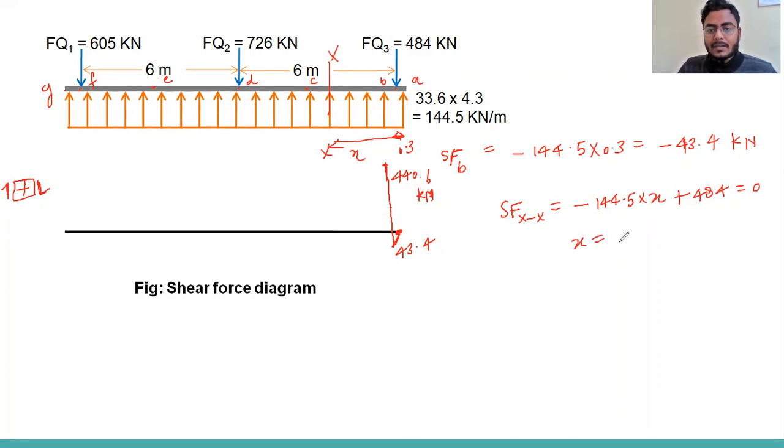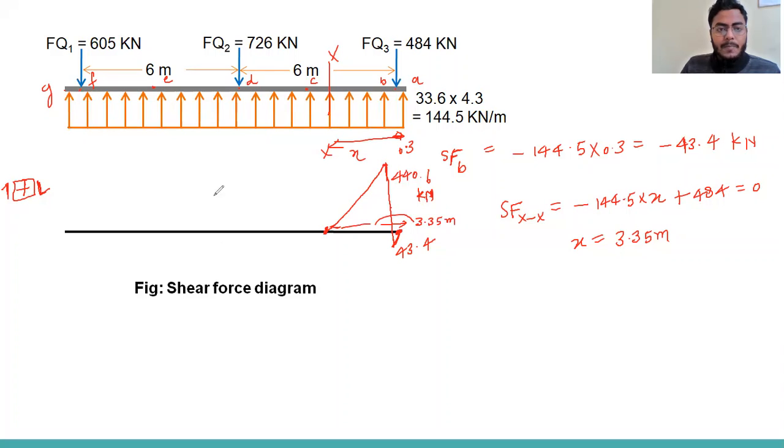We can calculate x, and we get 3.35 meter. It means shear force somewhere here will be 0, and the distance from this point to here is 3.35 meter.